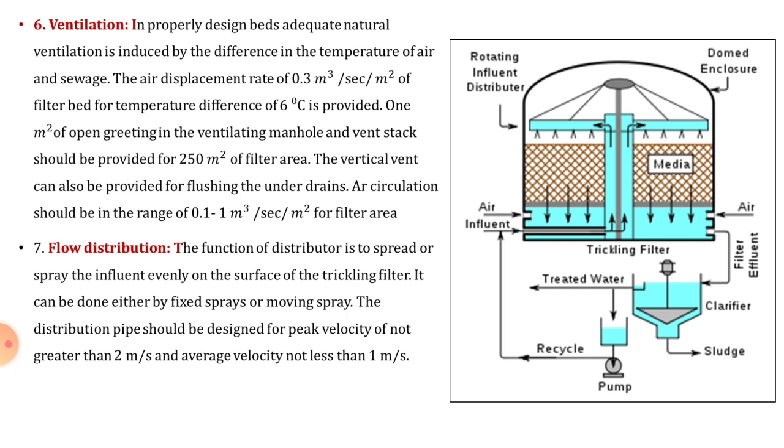Then the flow goes to the clarifier, where the settled sludge or the sloughed biomass is taken out and the supernatant is disposed safely. To some amount, the wastewater is also recycled, and the air is also supplied from the bottom for maintaining the oxygen requirement.